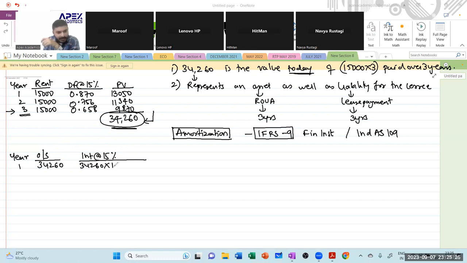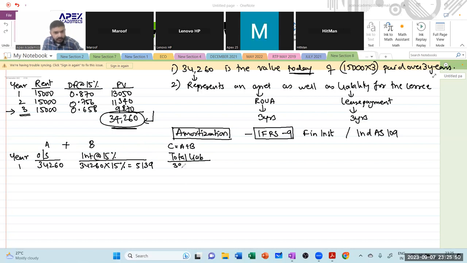What is the total outstanding? 34,260. On this, interest is paid at the rate of 15%. What is it? It is 5139. Now, what is your total liability? Your total liability now will become A plus B. It is 39,399.